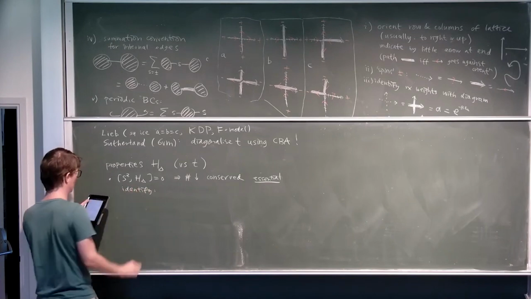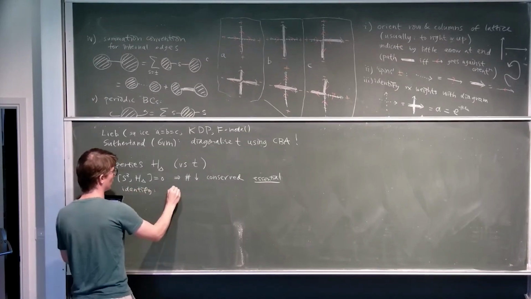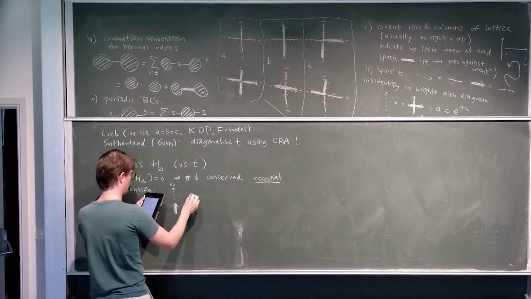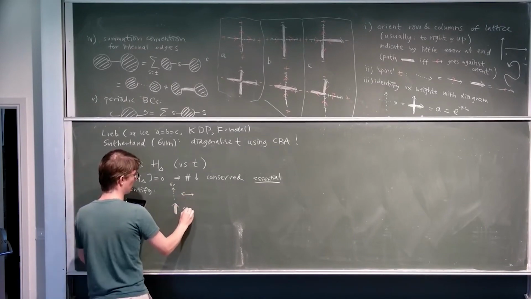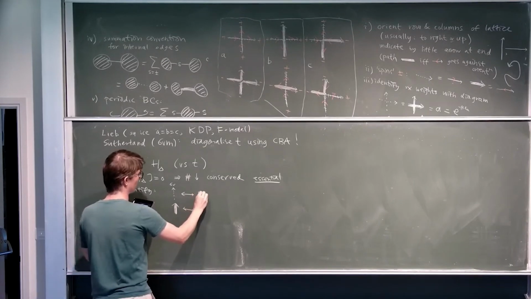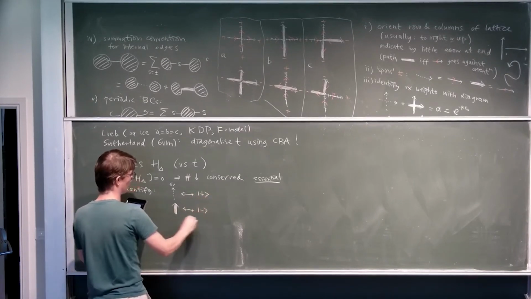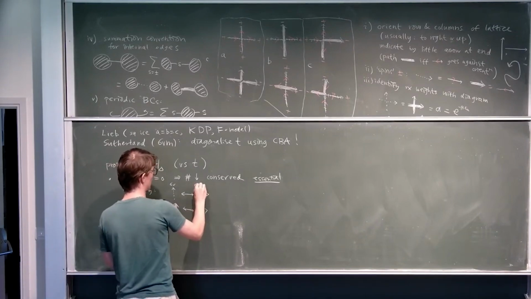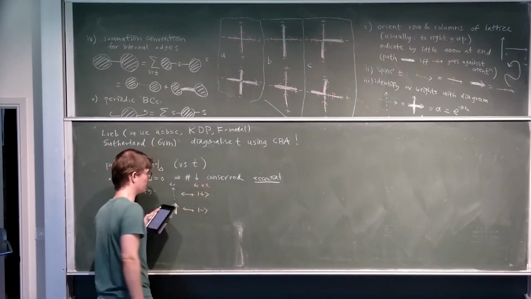What we can do, of course, is identify on the six vertex side the empty configuration and the thick configuration. Remember that to the empty case we assigned the vector plus, and to the thick line we assigned the vector down. This was still the six vertex, but now in the vector space.